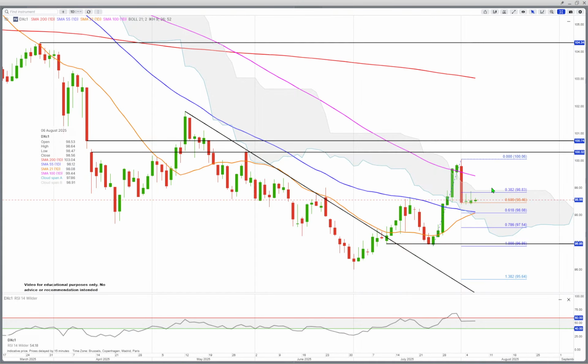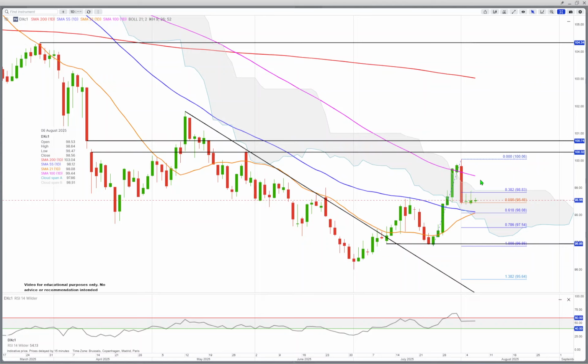Dollar index, after the massive sell-off here on the 1st of August, found some support here around the 50%. Interestingly, I think we will see this still sliding back to the 61.8 retracement, 98.08, where there's a little bit of strong support, positive sentiment on the RSI.